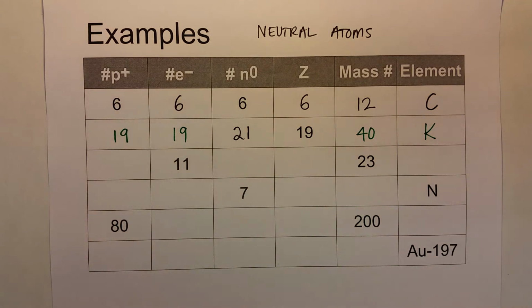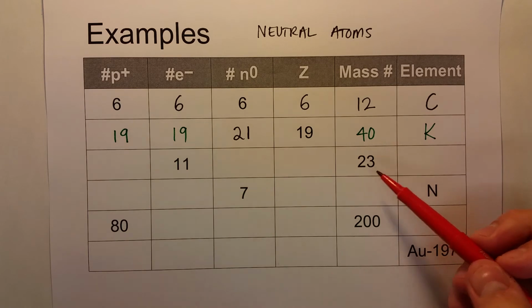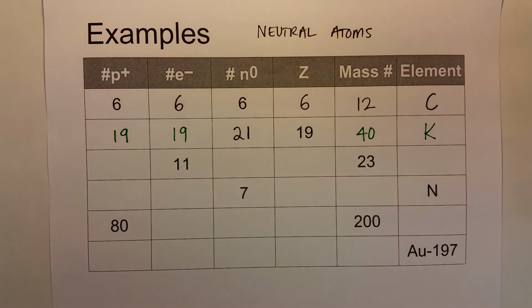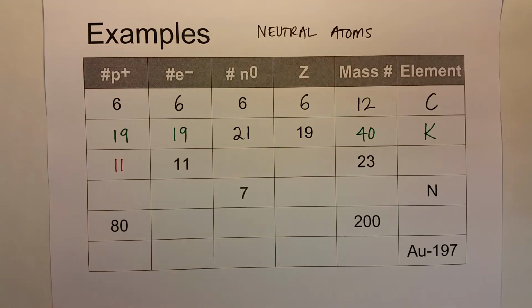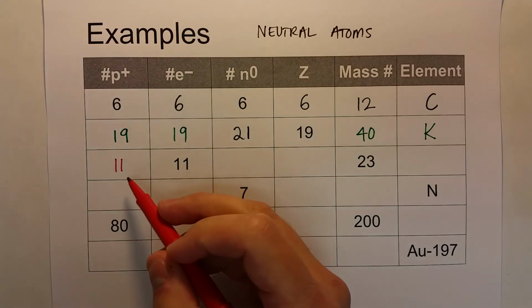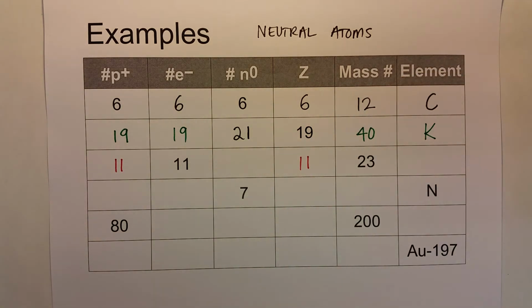For the next one, we know that this element has a mass number of 23 and 11 electrons, and we can figure out everything else with that information and, of course, the periodic table. 11 electrons for a neutral atom means that it will also have 11 protons. If it has 11 protons, that means it is element number 11, or atomic number 11.